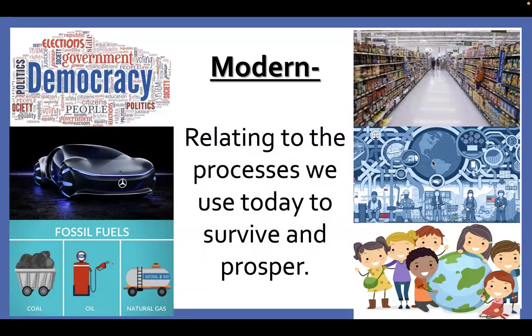The modern processes that we use today to survive and prosper were all developed between 1750 and 1900. For example, when we look at the P, the political, modern governments based in democracy, voting, and republics, well, they found their origin through the Enlightenment and were established by certain revolutions, such as the American and the French Revolution.